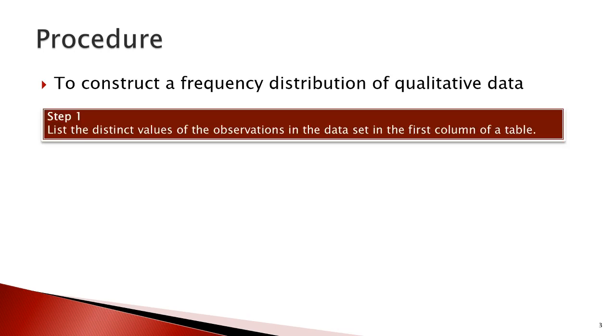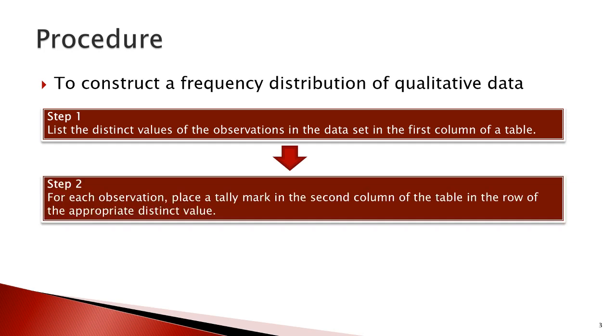There are several steps that we can follow when constructing a frequency distribution of qualitative data. Step 1 is to list the distinct values of the observations in the dataset in the first column of the table. The second step is, for each observation, place a tally mark in the second column of the table in the row of the appropriate distinct value.